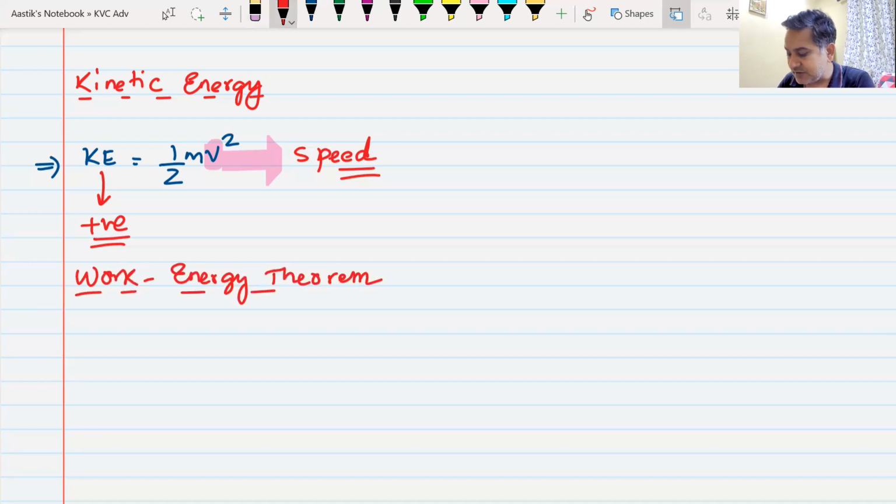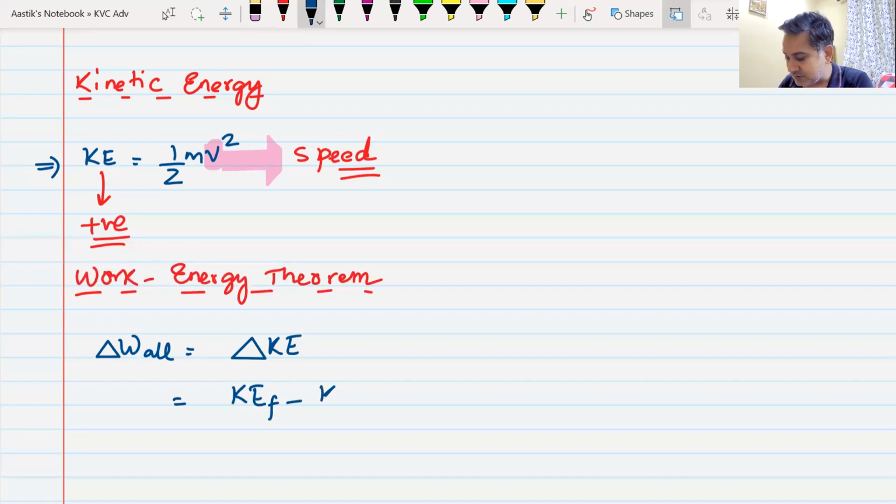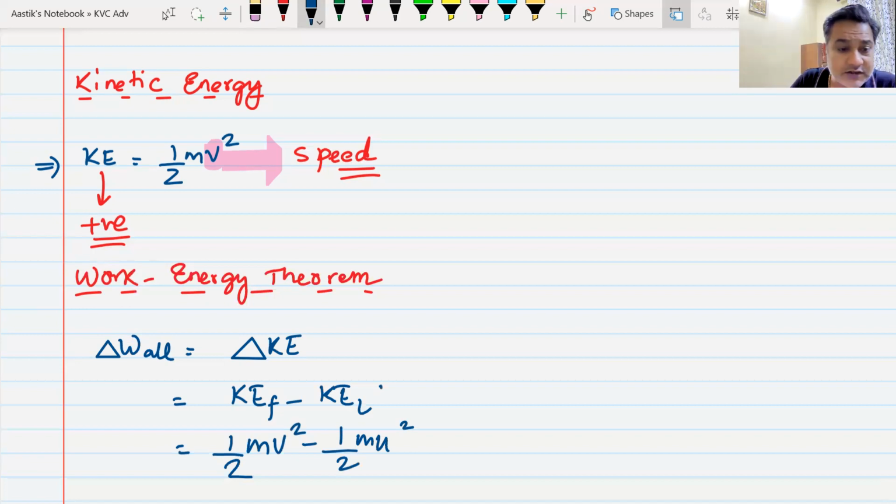It states that work done by all forces on the body is equal to change in kinetic energy, that means final kinetic energy minus initial kinetic energy, half mv square minus half mu square. Do we understand this? Yes, sir. This is known as the work energy theorem.